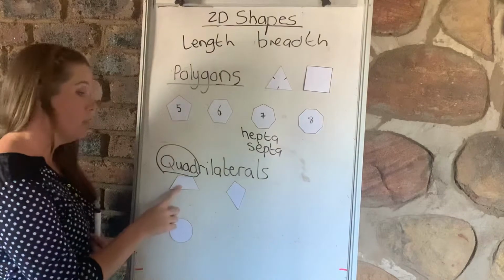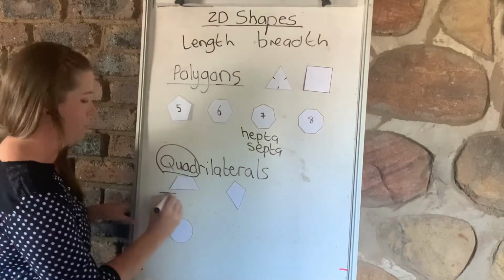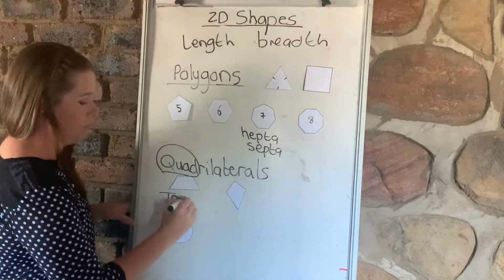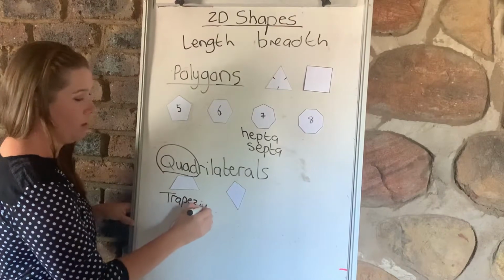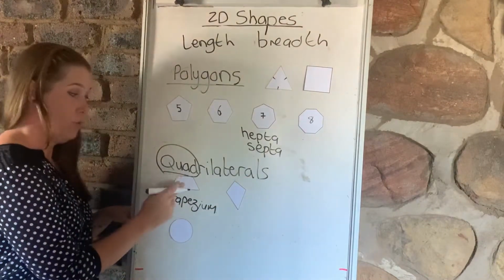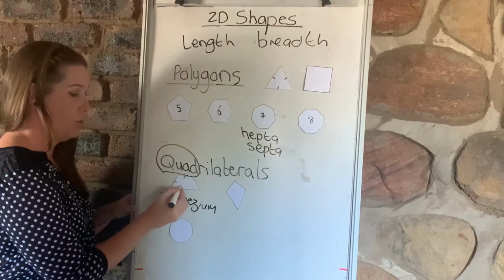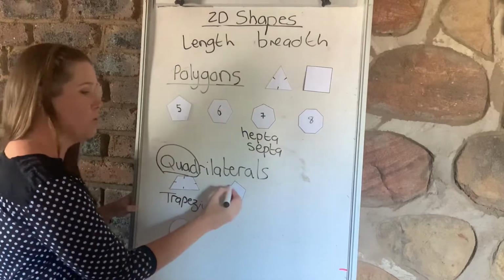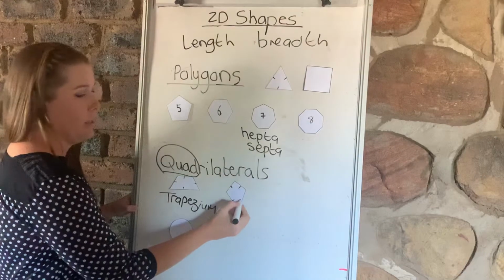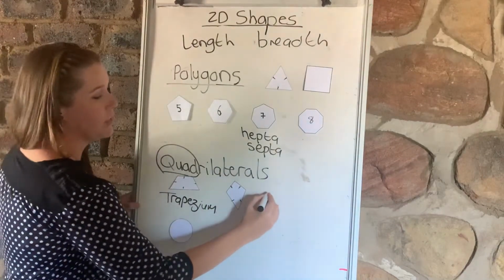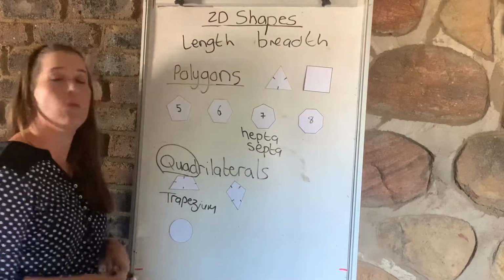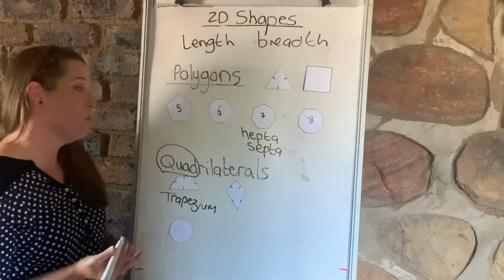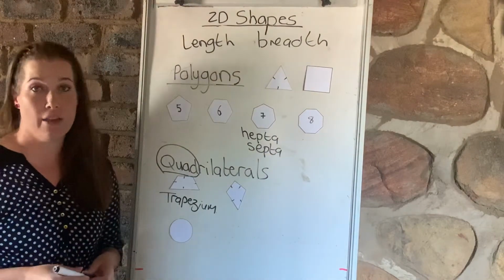For example, a trapezium also has 4 sides, 1, 2, 3, 4. A kite has 4 sides. And if you had something like a parallelogram or a rhombus, those are all quadrilaterals because they only have 4 sides.